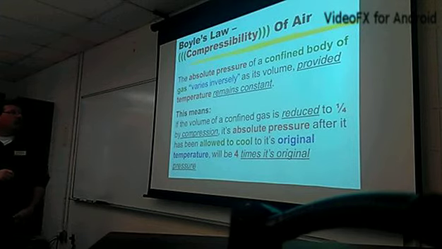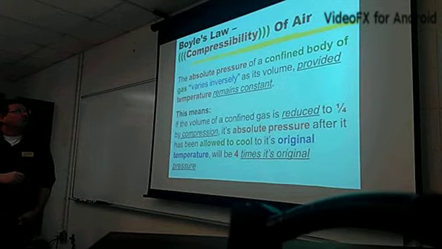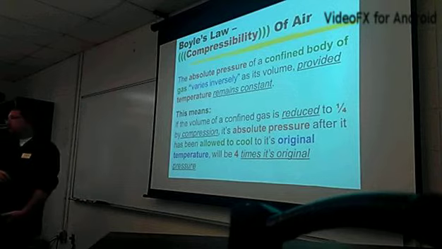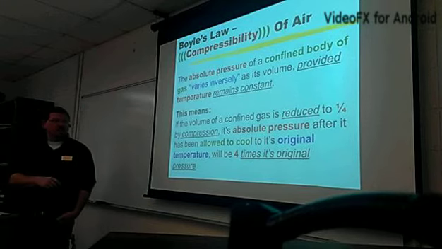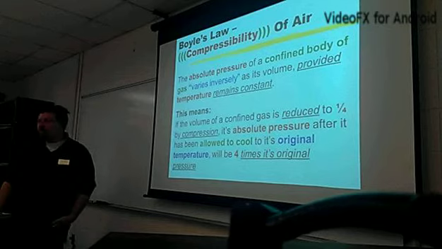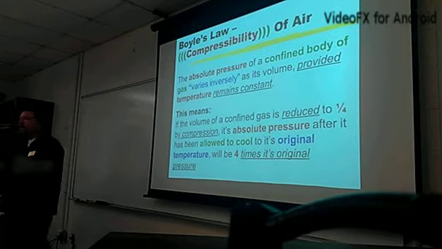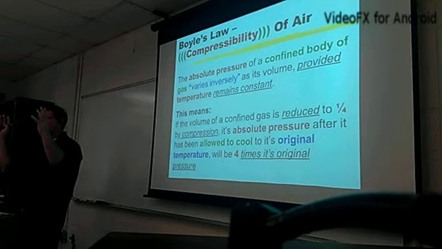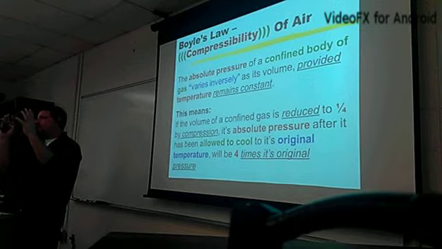Okay. Now, Boyle's law, compressibility of air. Basically, that says that the absolute pressure of a confined body of gas varies inversely as its volume changes. So that means, basically, if I have this much gas, this much air in a tube at 14.7, and I squeeze it by half, then the psi will double.